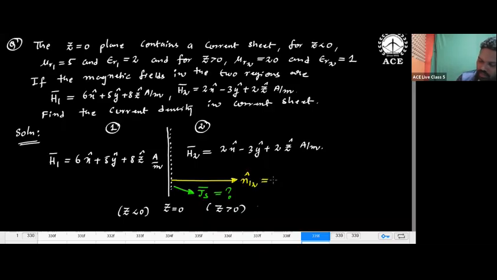N12 cap is equal to positive Z cap. What are the tangential components here? On the Z is equal to 0 plane, X and Y are tangential components. This is HT1. This one is HT2. Use that note I have provided. I am going to turn the page.